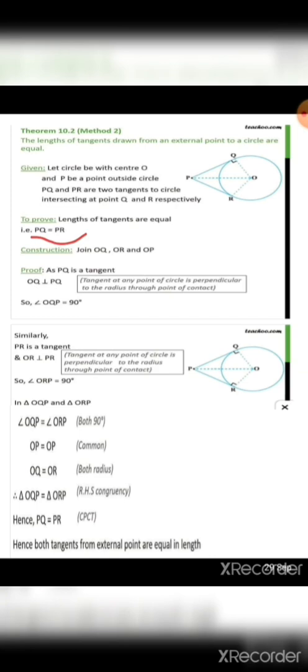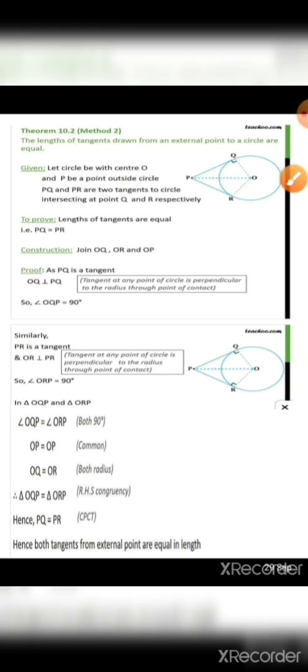For proving that, we need to do some construction. You need to join OQ, OR and OP. OQ, OR and OP are shown as dotted lines here. This is the construction.